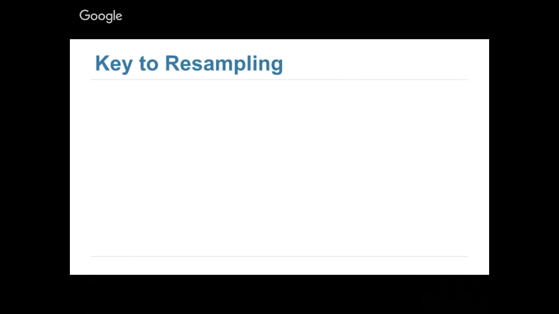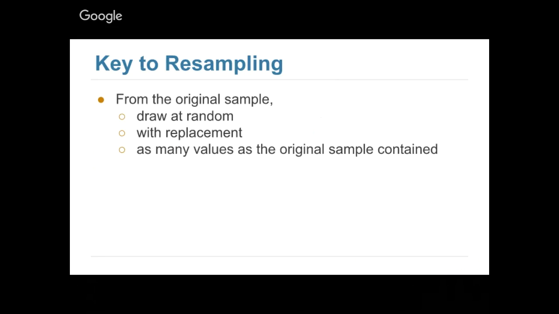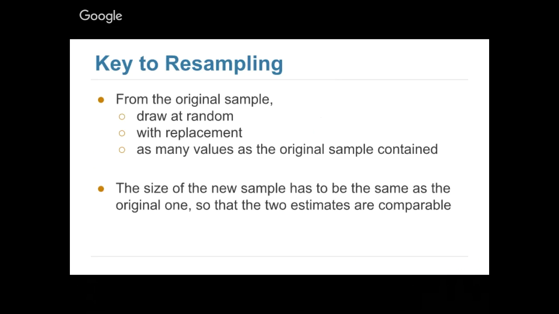When we resample, we have to make sure that we draw at random with replacement as many values as the original sample contained. So if our original sample was 1,000 compensations, we need to draw from those. If our original sample was 200 compensations, we need to draw another 200 with replacement. That's because only by drawing the same size resample can we get an estimate that's directly comparable to the original.